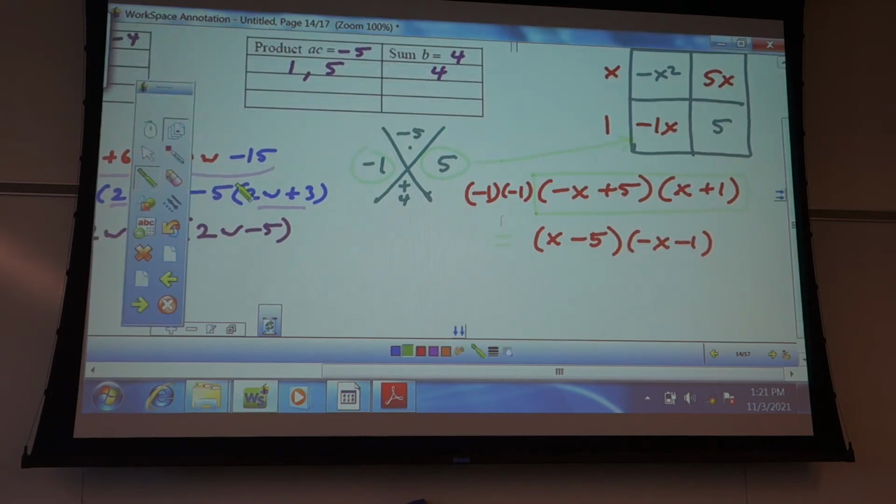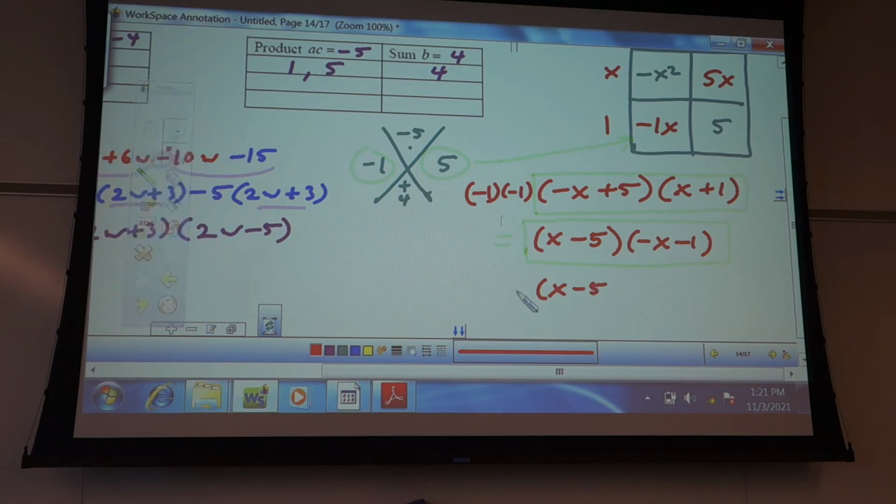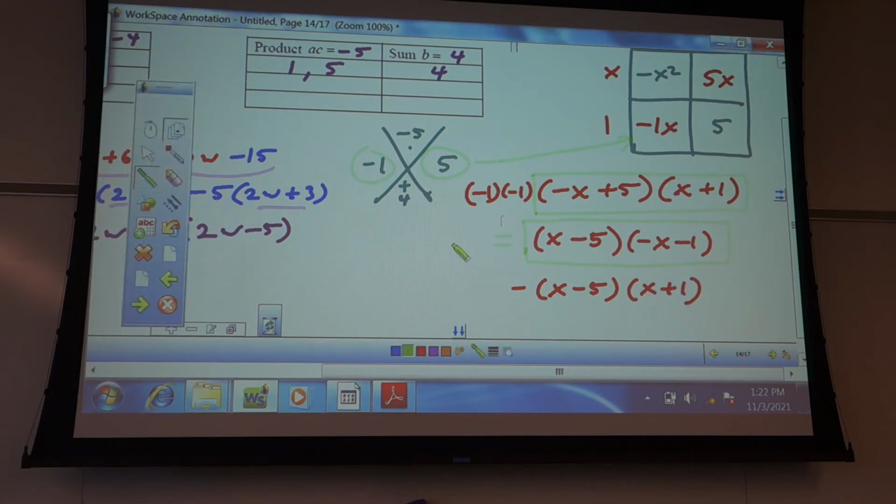So that's the second possibility. Or some of you folks left the negative on the outside, so then you would have gotten x minus 5 times a negative sign and then an x plus 1 on the inside. So these are all equivalent. They're the same thing.